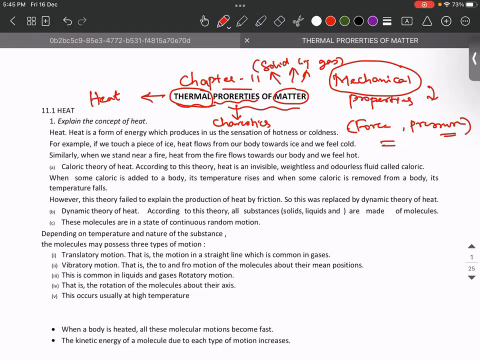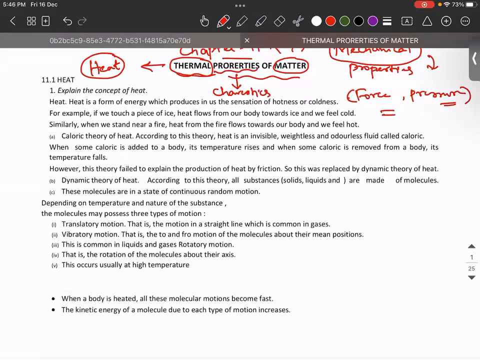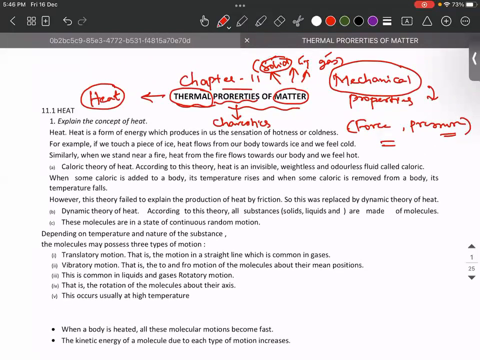So we will see how these substances respond to the heat that we apply on the object, right? So in this chapter, we are mainly going to concentrate on the solid part. Okay. So before we get started, there are certain basic terms that you need to understand, right?